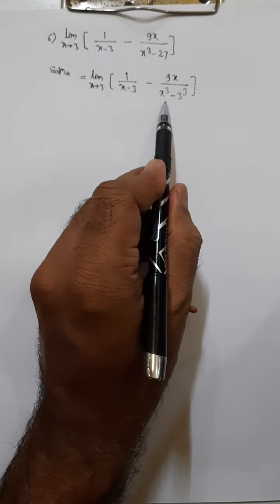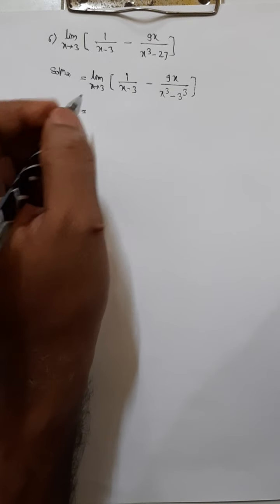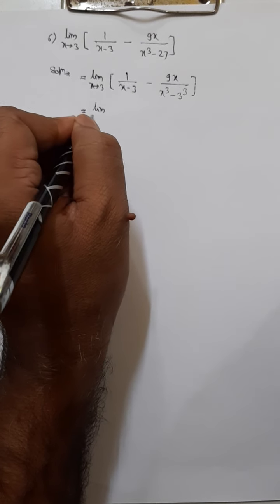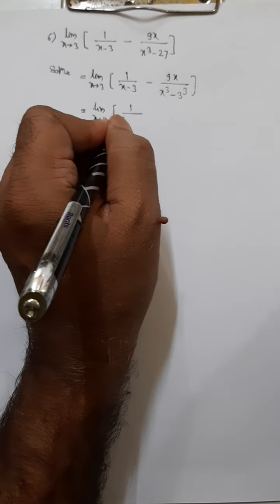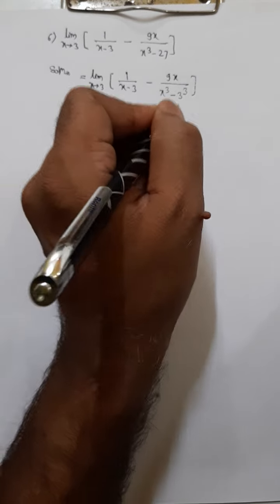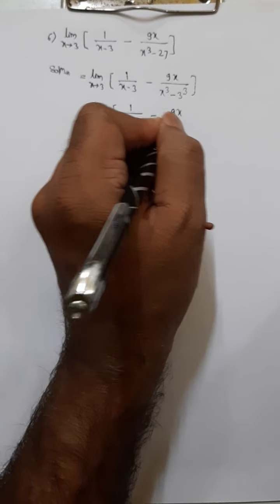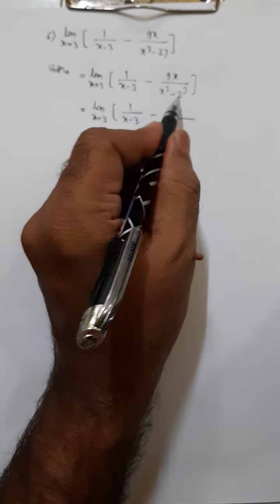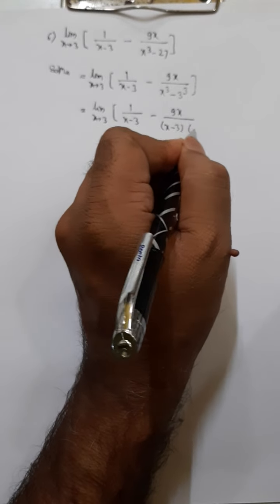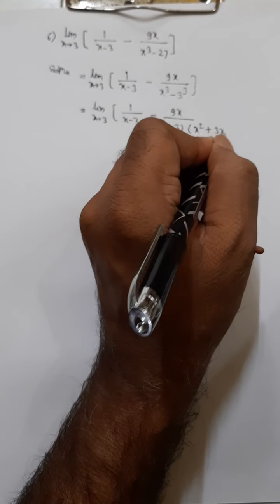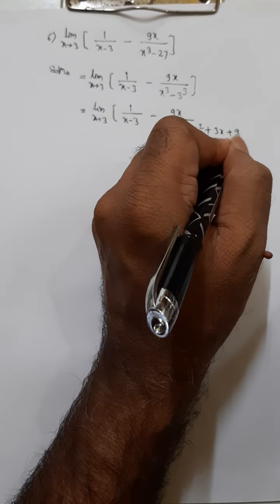Then again apply formula a³ − b³ here. So it is equal to limit as x tends to 3 in bracket 1 divided by (x − 3) minus 9x divided by formula a³ − b³. A − b means x − 3, second bracket a² means x², ab means 3 into x, and b² means 3², that is 9.